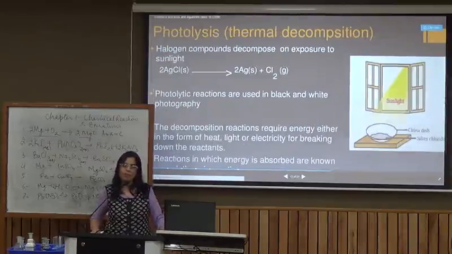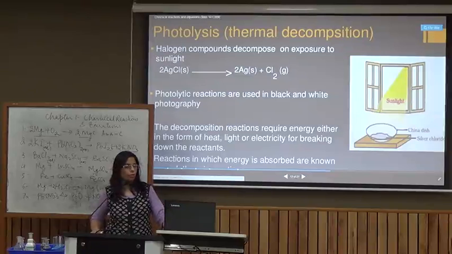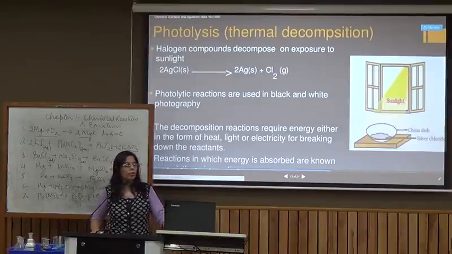If sunlight is used to break a reactant into 2 or more products, then it is a photolytic decomposition reaction. Here silver chloride, when exposed to sunlight, decomposes to produce silver metal and chlorine gas. Photolytic reactions are used in black and white photography.